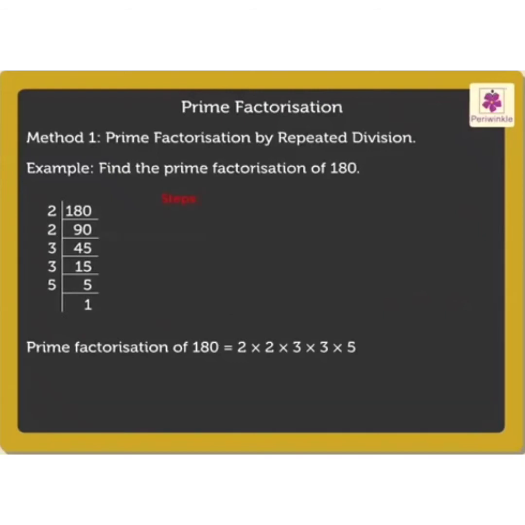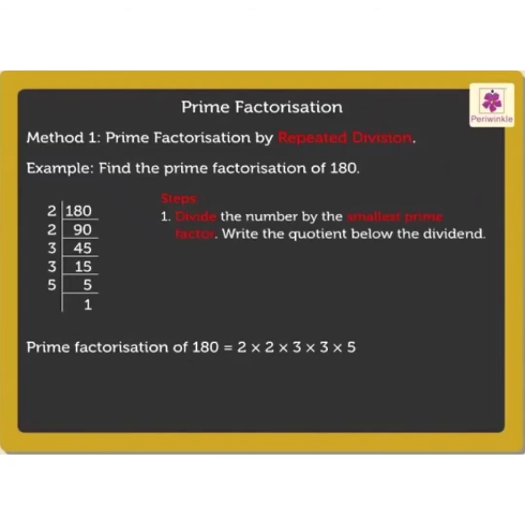So, we have to follow 3 steps while finding the prime factorization by repeated division method. They are: Step 1. Divide the number by the smallest prime factor. Write the quotient below the dividend.